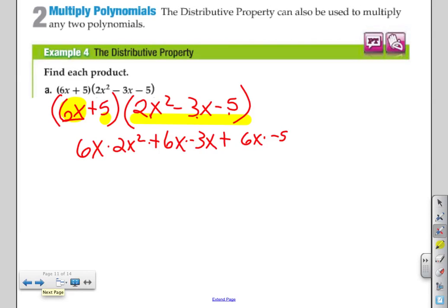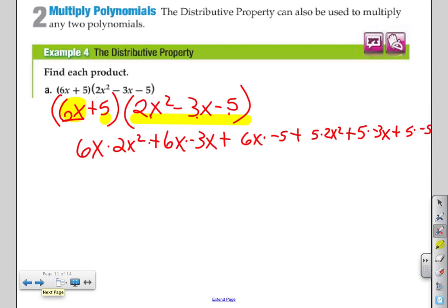Now I'm also going to multiply the 5 by that. Sorry, let me do that again. I didn't write that like I wanted to. Sorry, guys. So we're just going to go 5 times 2x squared plus 5 times negative 3x plus 5 times negative 5. All right? There's a nice long expression for you.